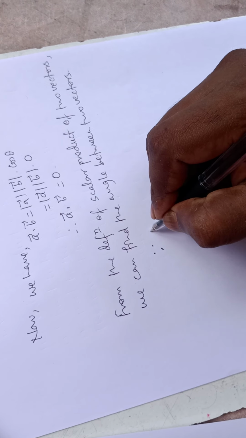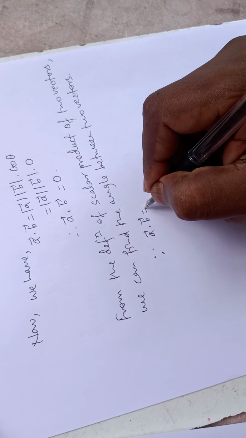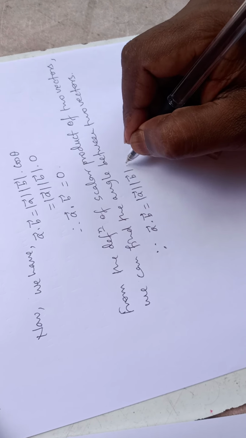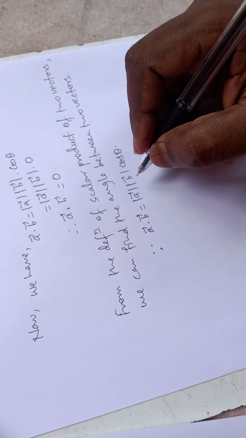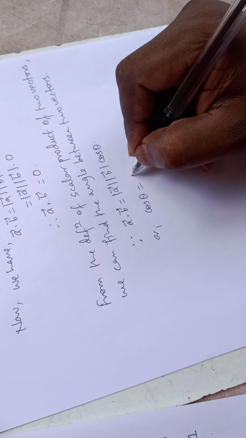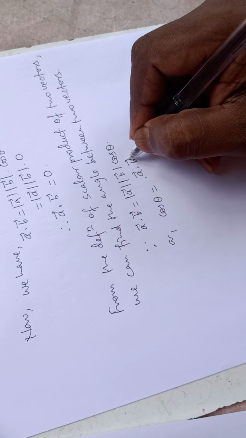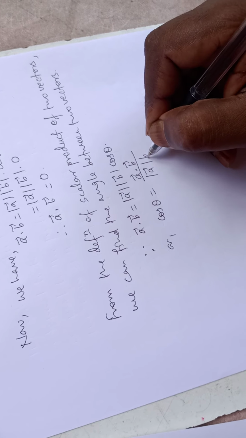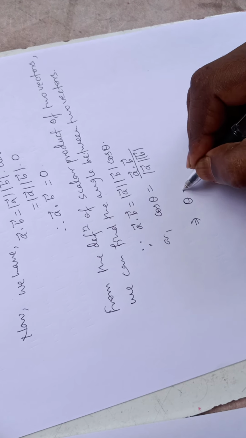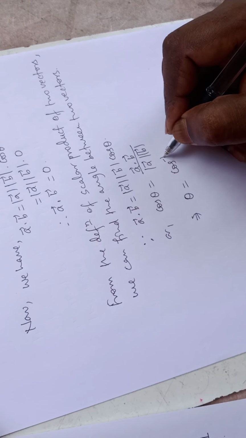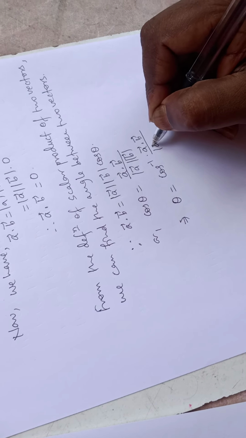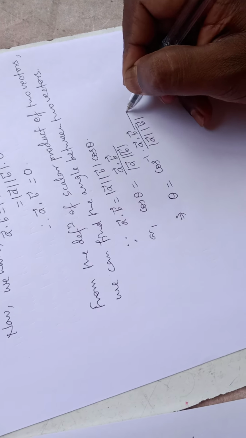Because we know that a dot b is equal to modulus of a times modulus of b times cos theta, cos theta is equal to a dot b divided by modulus of a times modulus of b, which implies theta is equal to inverse cos of a dot b divided by modulus of a times modulus of b.